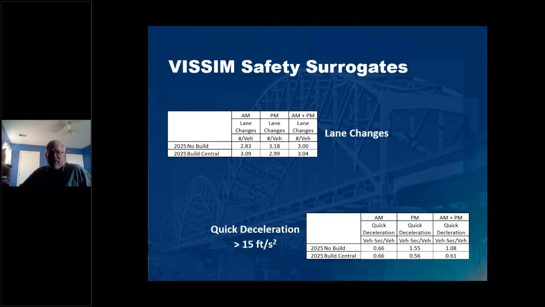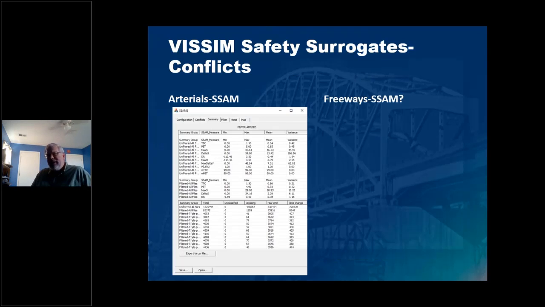Two things we looked at are things that we've done in the past. We've tracked the number of lane changes. The more lane changes that happen, the more possibilities there are of crashes. We also looked at quick deceleration, emergency braking. Obviously, if there's a lot of people slamming on the brakes, that's an indicator of more possibilities of crashes. But as I mentioned, last year I watched a PTV webinar on SSAM, and that really piqued my interest.